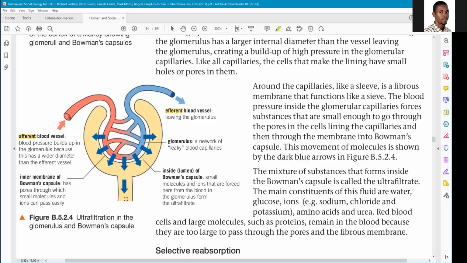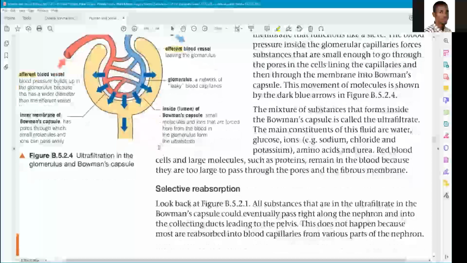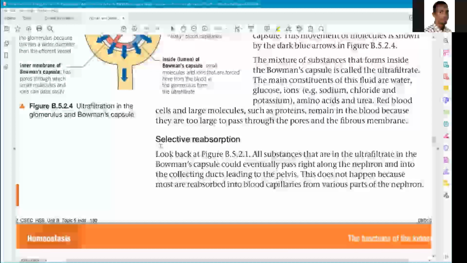Now the cells that line the first part of the nephron reabsorb these substances from the filtrate. So in your diagram here, selective reabsorption.